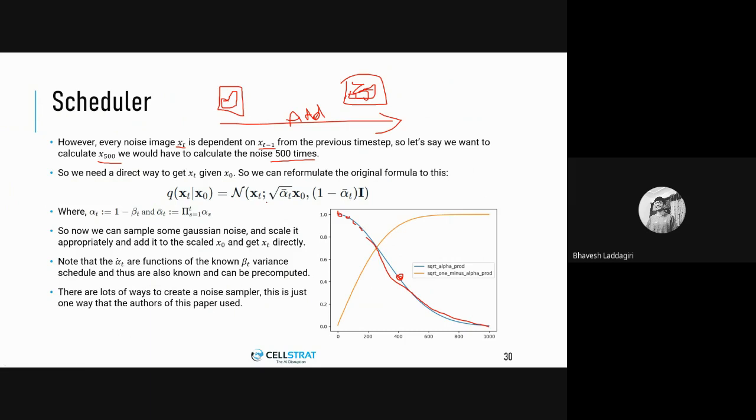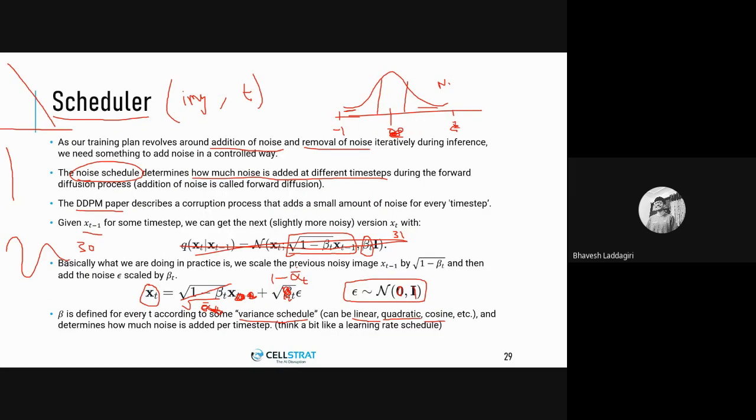So if you go to the previous thing, it's a normal distribution, a Gaussian distribution with mean as this term and variance as this term, right?